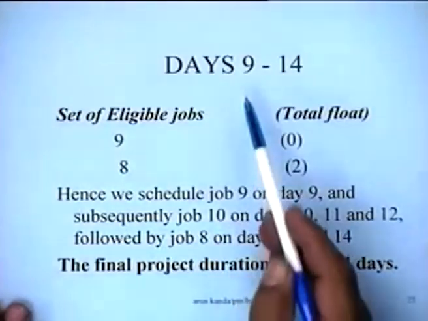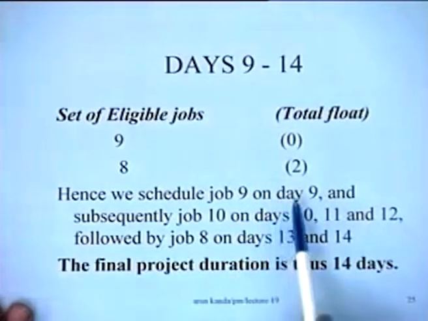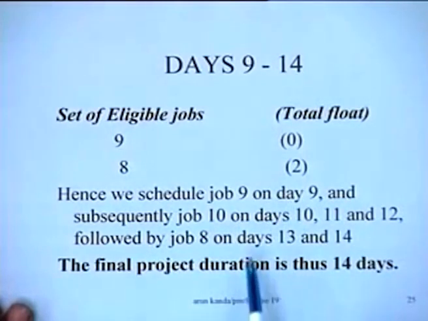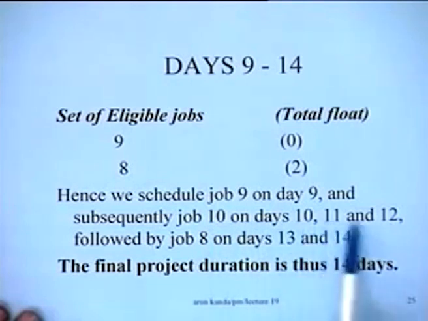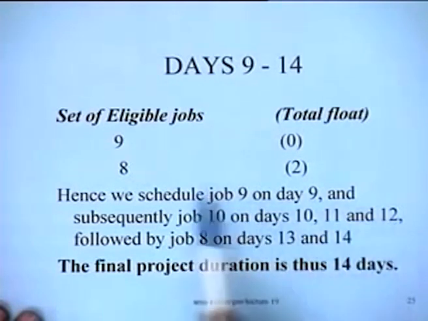You cannot have combinations of these jobs being scheduled by virtue of the limited resource availability that you have for these particular jobs. So these are the decisions in fact, and as a consequence what you find is that we schedule 9 on day 9 and 10 on days 10, 11 and 12.